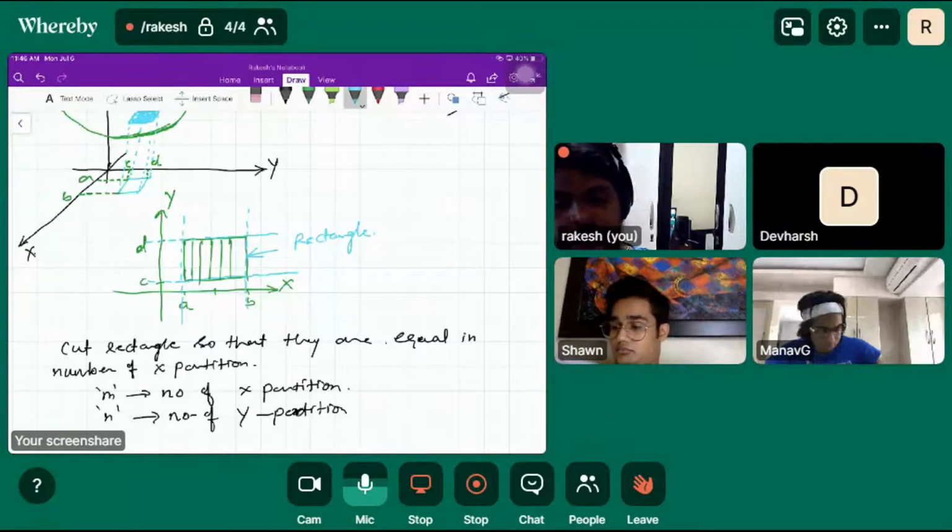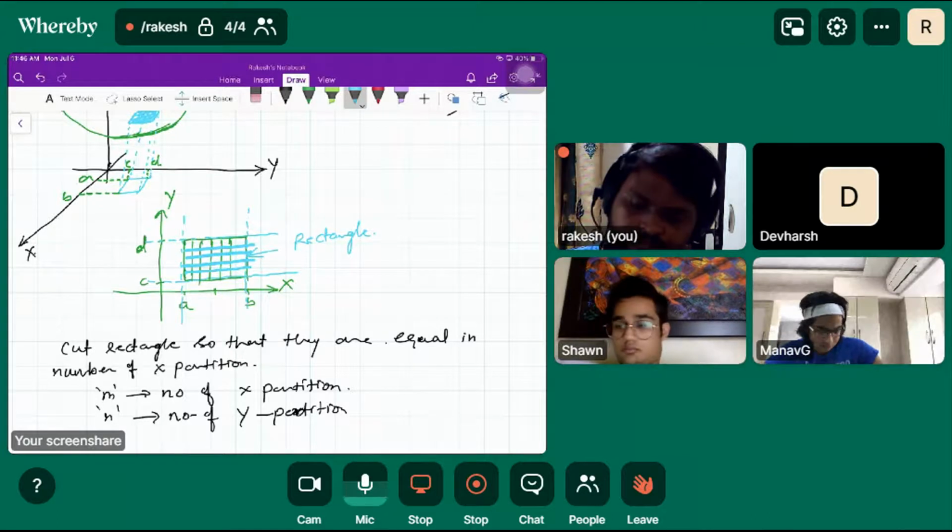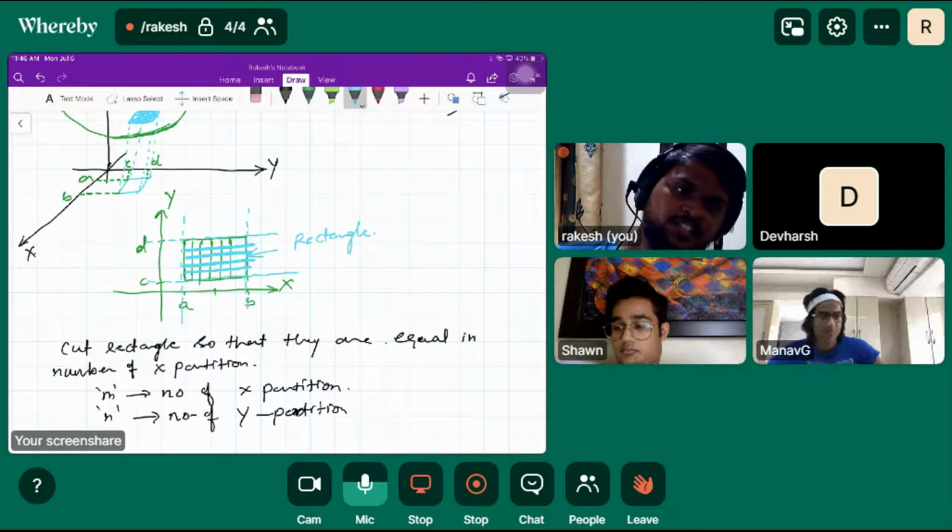In the same way, we can divide d minus c into n equal parts, so we'll get n such rectangles, isn't it?